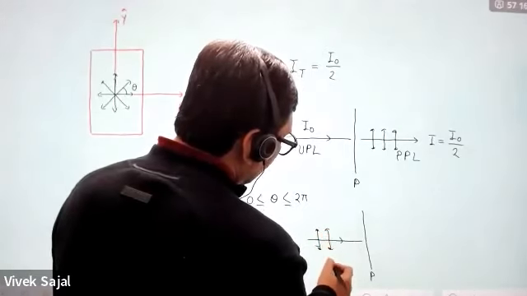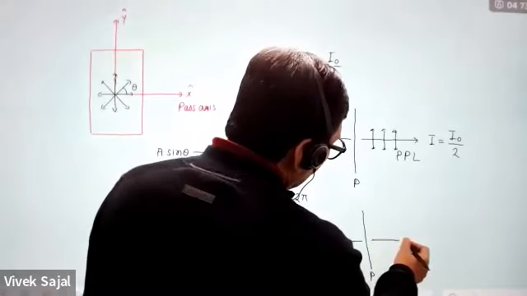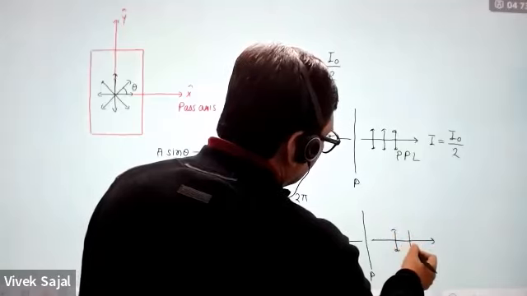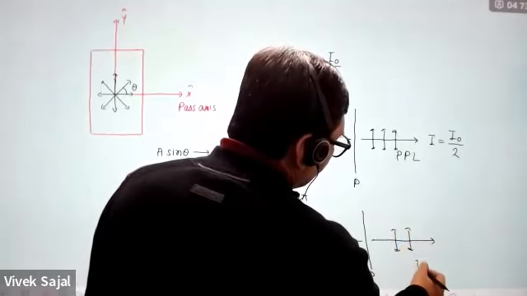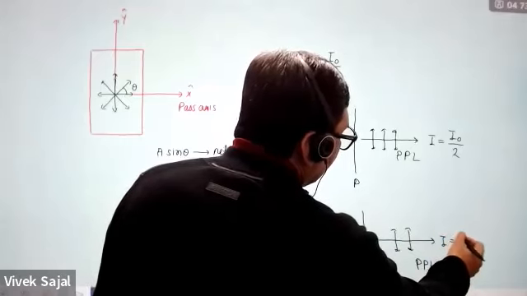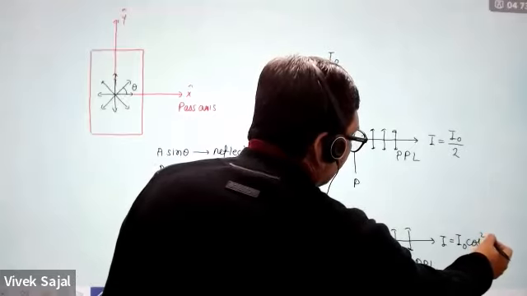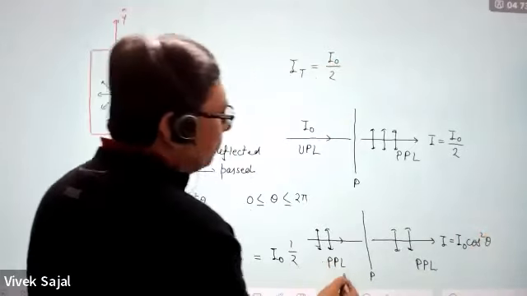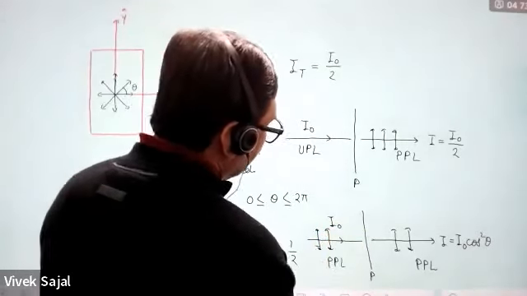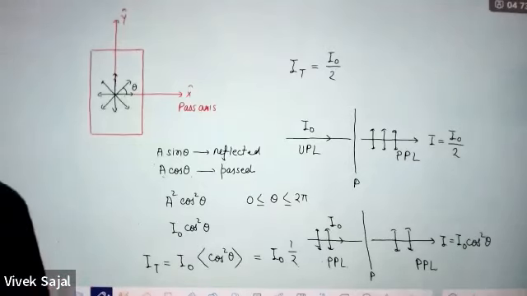Then on the transmitted side, you will have plane polarized light, but its intensity I will be I naught cos square theta. So this Malus law is applicable only if plane polarized light is incident. Here I'm assuming its intensity is I naught. So this is all about Malus law and the polarizer.